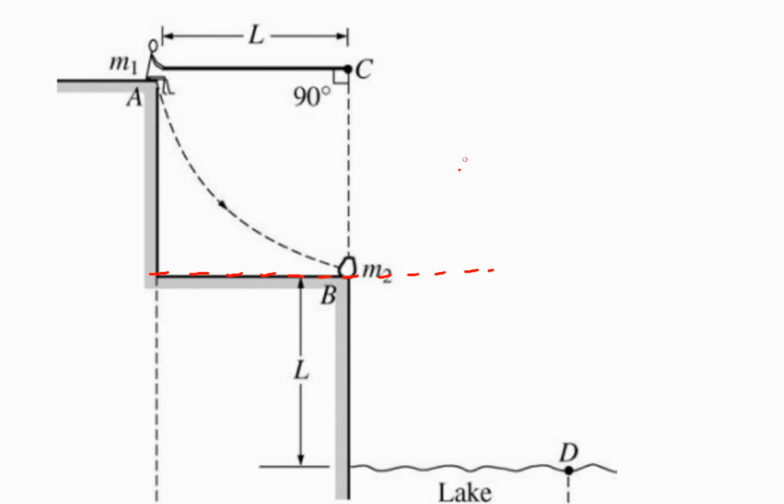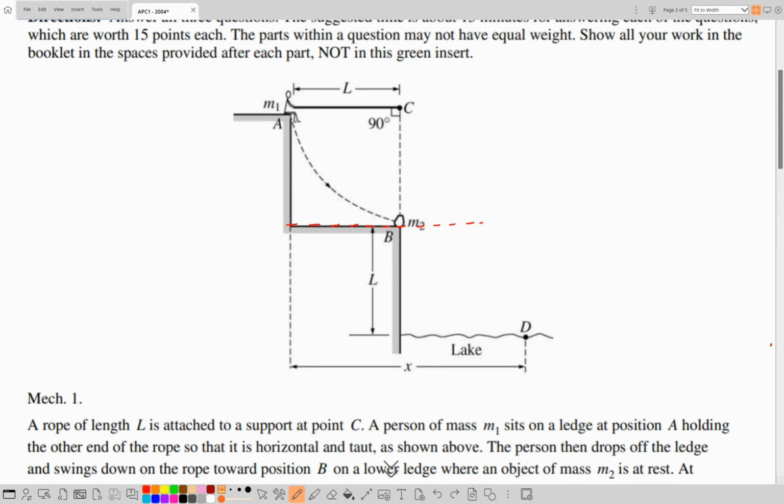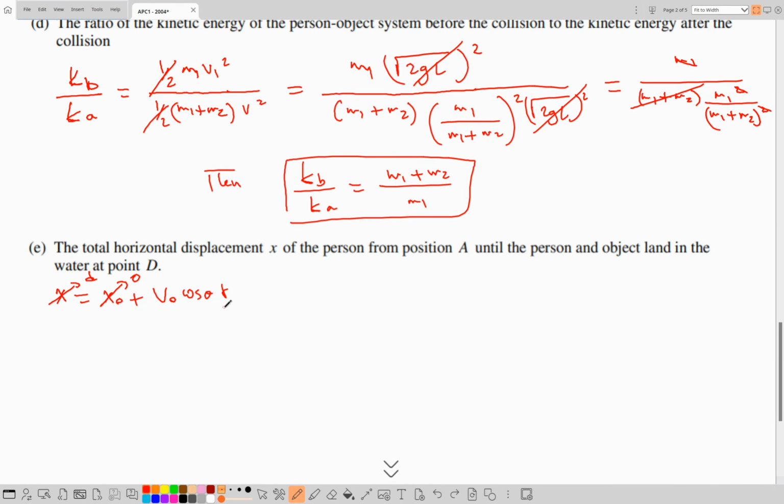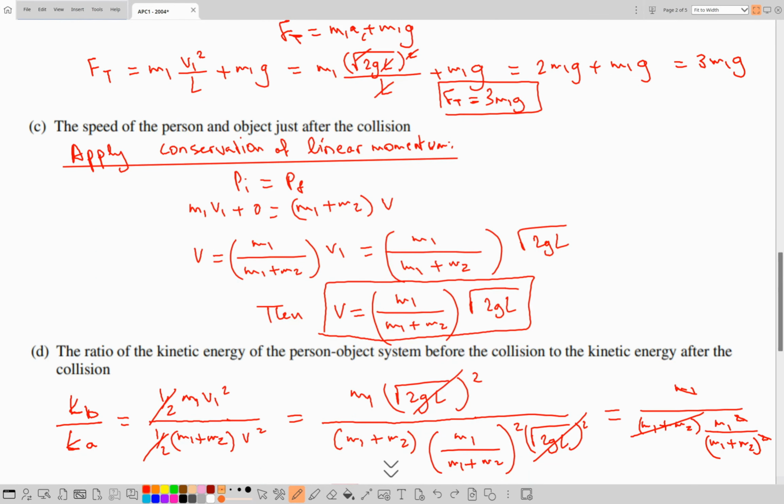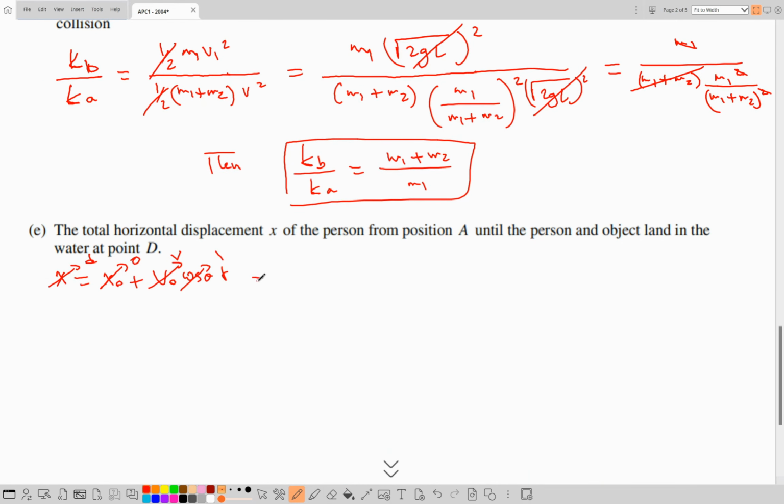Upon collision of the person with the object, the initial velocity at this point is completely horizontal, which means the angle with the horizontal, theta, is 0, so cosine theta is 1 and sine theta is 0. So here that would be 1, and v0 would be the speed v, which we determined in part C to be the combined speed of the system. So that would be v multiplied by t.